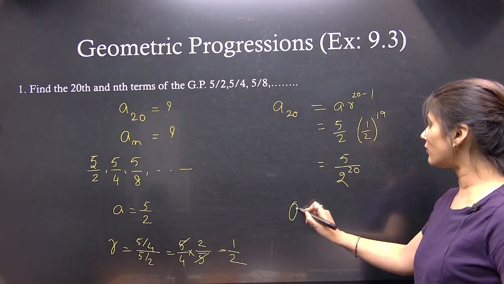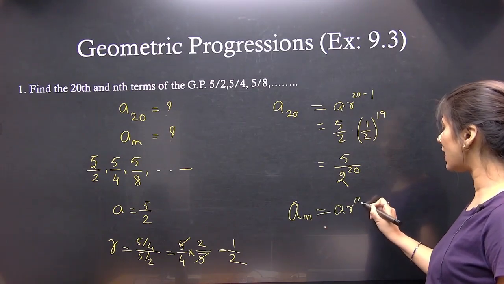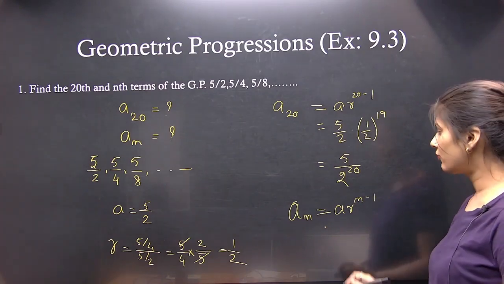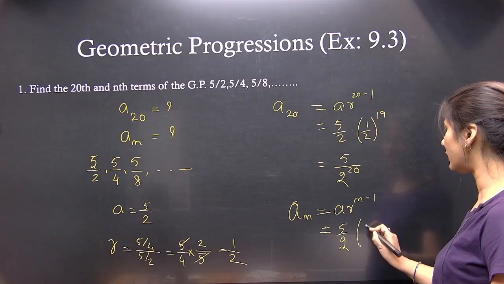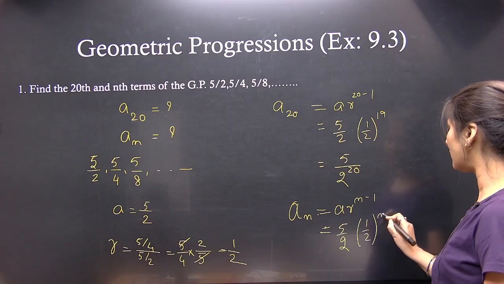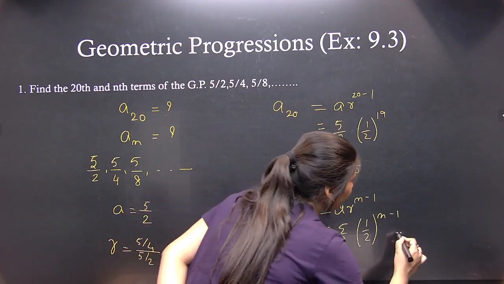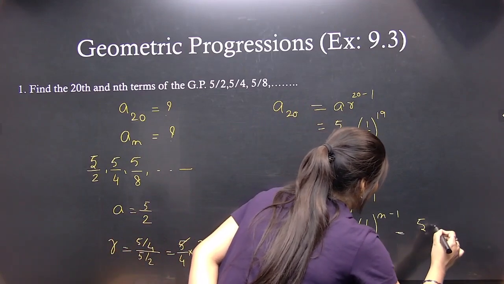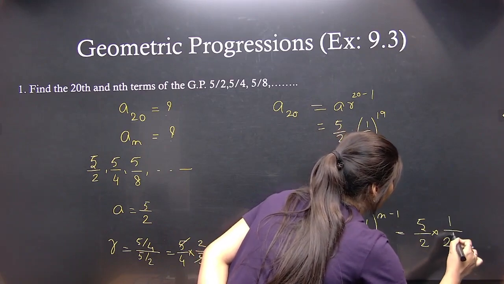Now similarly, if I want to find the nth term, then it is A R to the power n minus 1. What is A here? 5 by 2. What is R here? 1 by 2 to the power n minus 1. So here it is 5 by 2 into (1 by 2) to the power n minus 1.